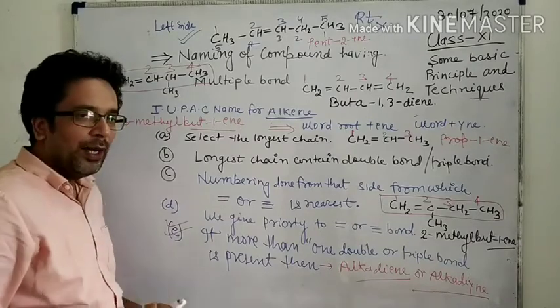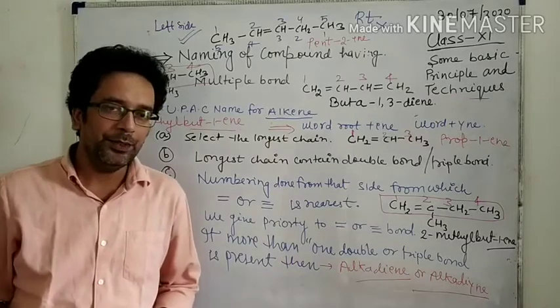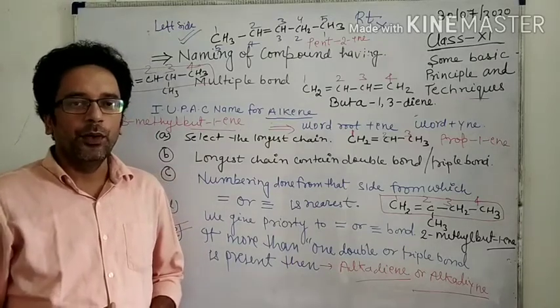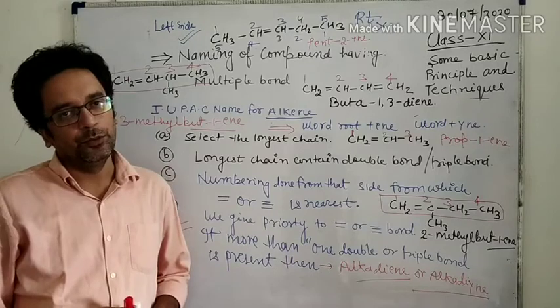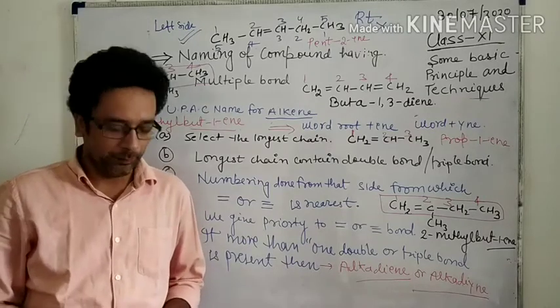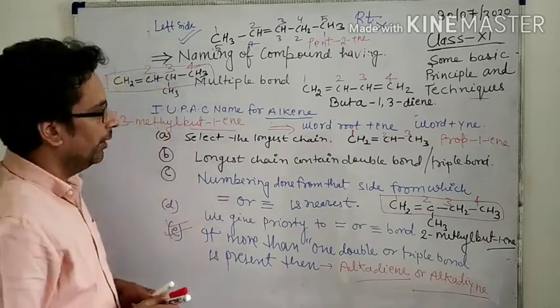Now what happens if a double bond and a triple bond both are present in the compound? Okay, both are present in the compound. So look here, one more example.